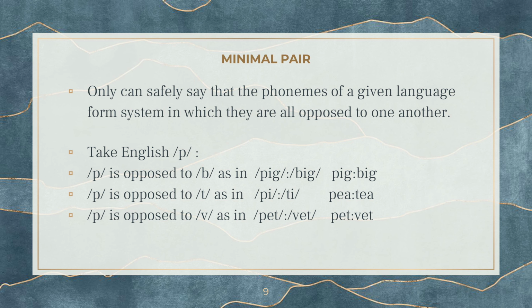P is opposed to T, as in pet and tet. And P is opposed to V, as in fat and pet.